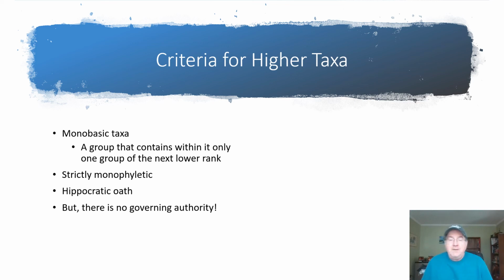What's the problem? Well, the problem is that if my premise that our classification is designed to be the overall reference system by which we store information, then having a family that contains only one genus, that family serves no function. The information storage capacity of a taxon is already being fulfilled by that genus.